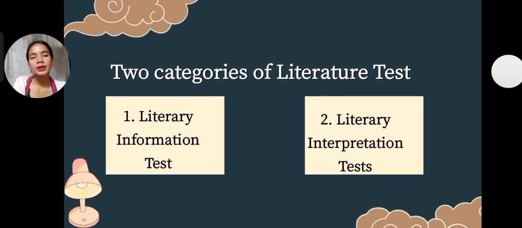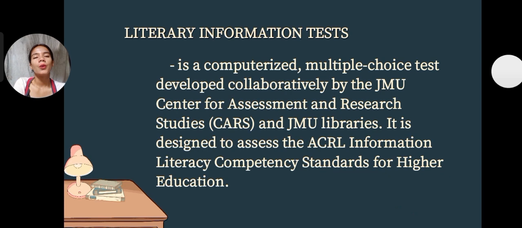So there are two categories of literature test, which are the literary information test and the literary interpretation test. When we say literary information test, it is a computerized multiple choice test developed collaboratively by the GMU Center of Assessment and Research Studies and GMU Libraries.